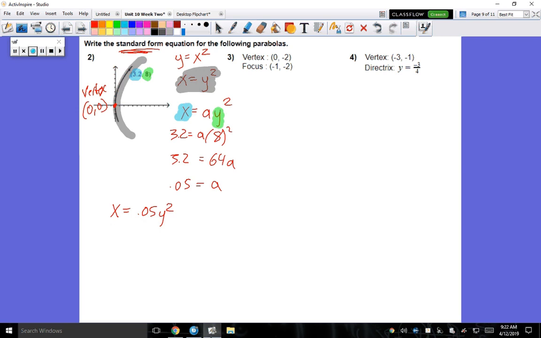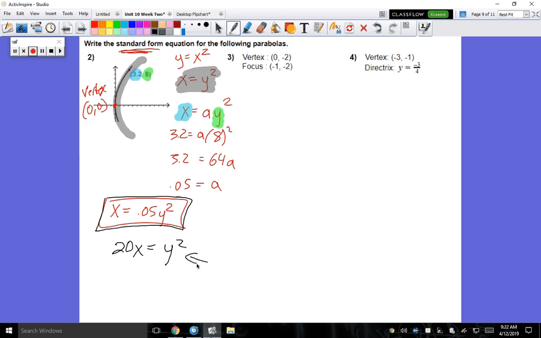Or if you wanted to manipulate this around, you could divide both sides by 0.05 so that you would get 20x is equal to y squared. Either way, but if we're going to do horizontal, I would prefer you to get the x by itself and write it like that.